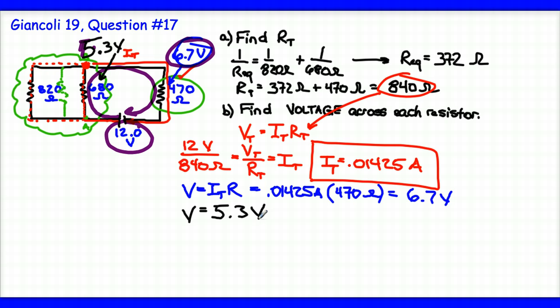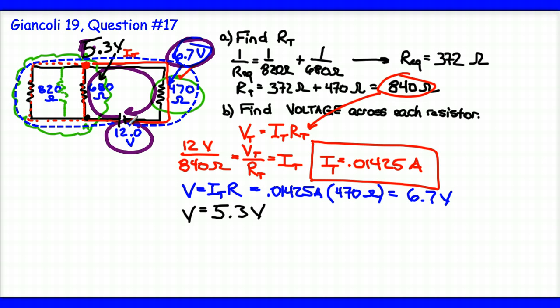And by nature of these nodes, point A and B, these are parallel legs, and that means that the same voltage is dropped across the 820 ohm resistor as well, also 5.3 volts. I could see that separately using a separate loop here, which I'll draw. If that purple loop is the first loop that I drew from the battery, I'll draw a blue dashed line, and here is my second loop.